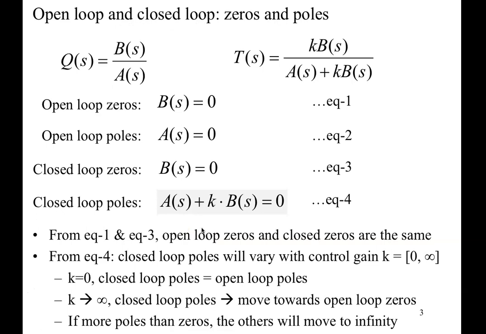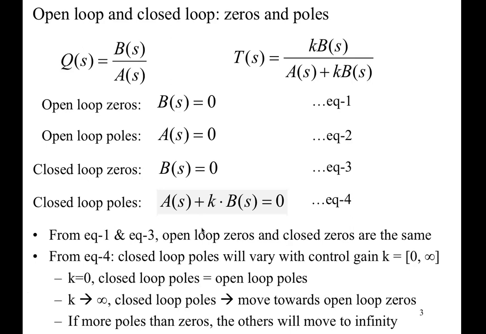Now, for the open loop transfer function, Q(s) equals B(s) over A(s). If I equate the numerator terms to 0 and find the solutions, it will give me the open loop zeros. So B(s) equal to 0 will give me the open loop zeros.